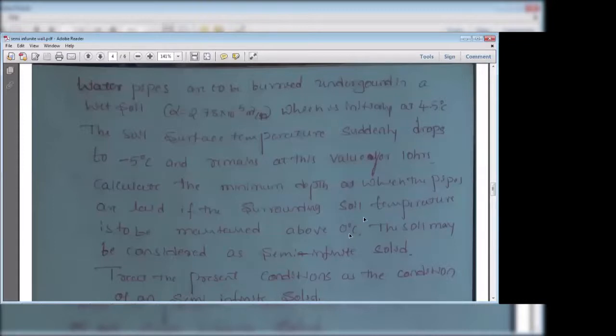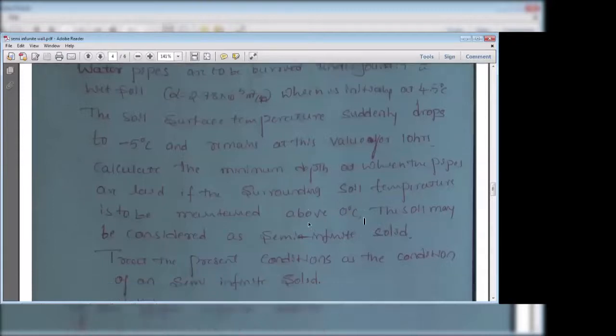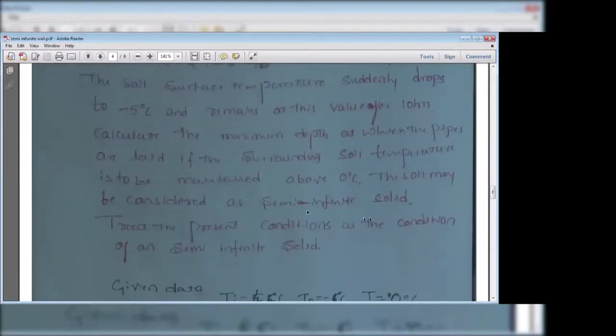The soil may be considered a semi-infinite solid; treat the present conditions as those of a semi-infinite solid.